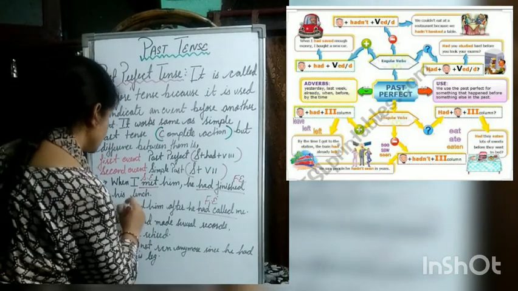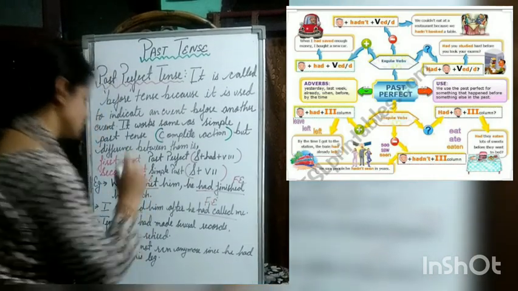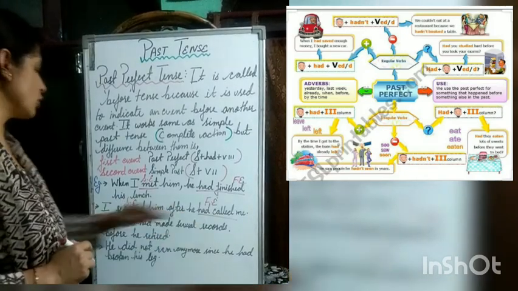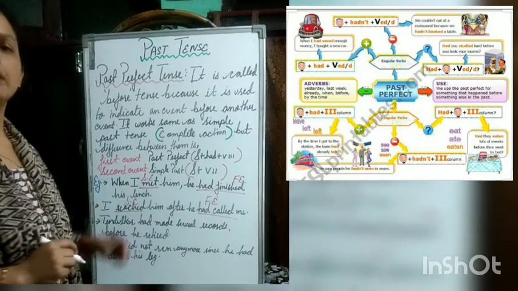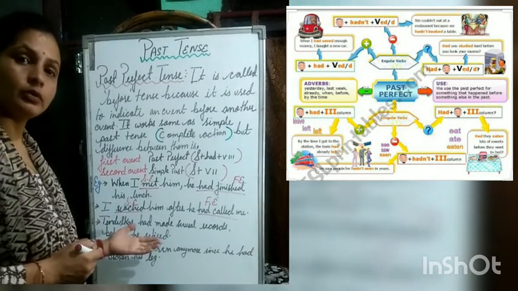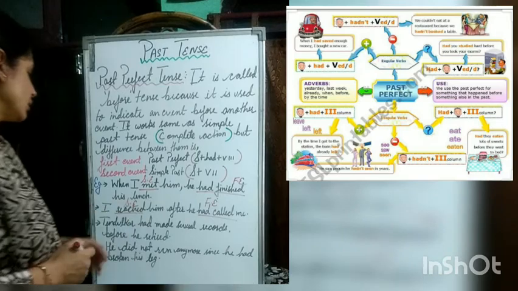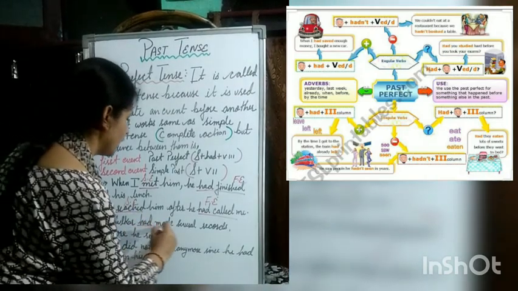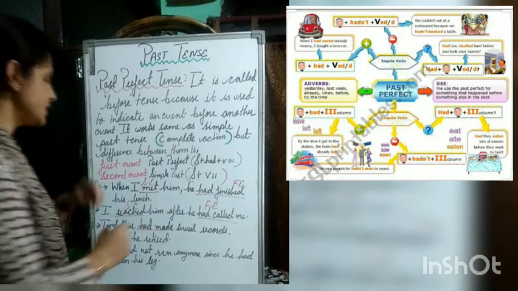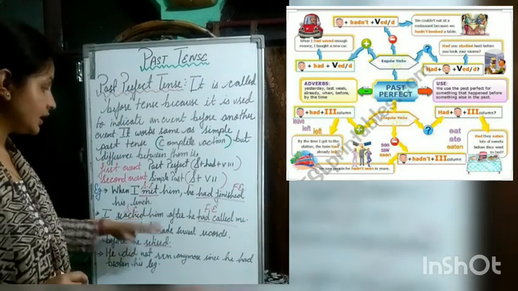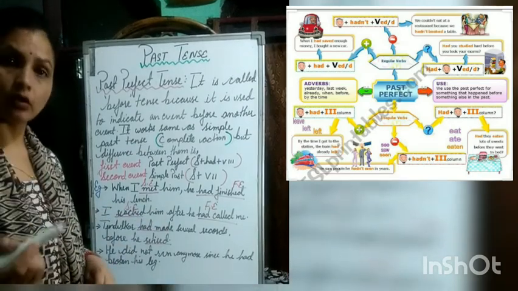Next: Tendulkar had made several records before he retired. Again it is a matter of identifying events. So "Tendulkar had made", and second, "retired". Now see, first he made several records.